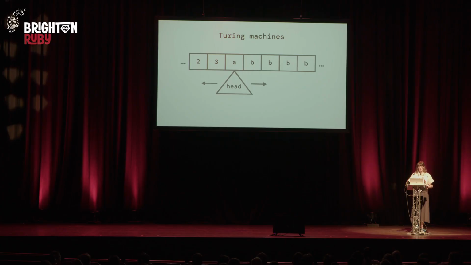But this theoretical work arguably had an even more profound, lasting impact. The paper that he published in 1936 has often been quoted as one of the most influential papers in mathematics history.